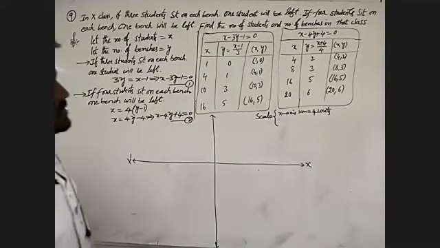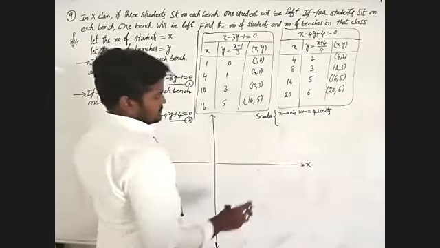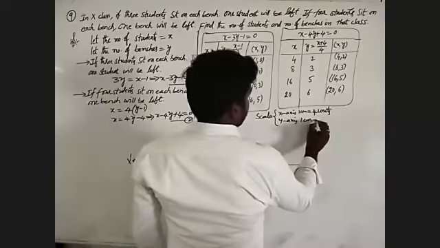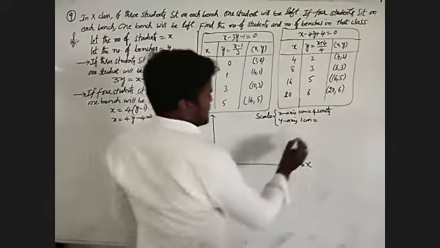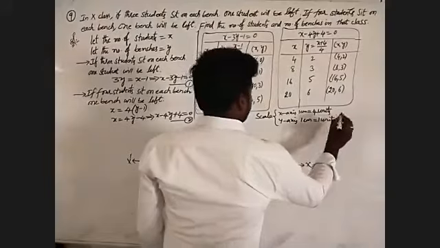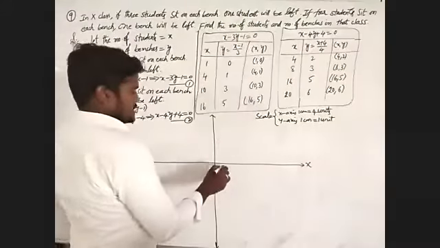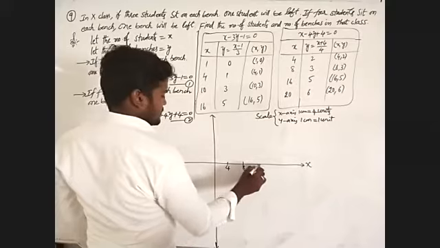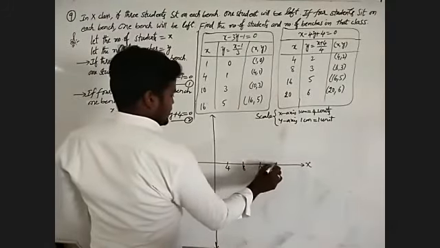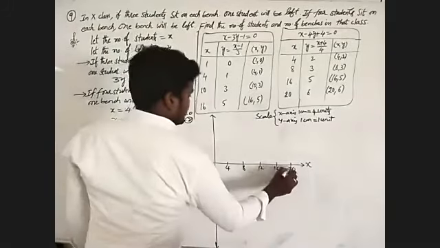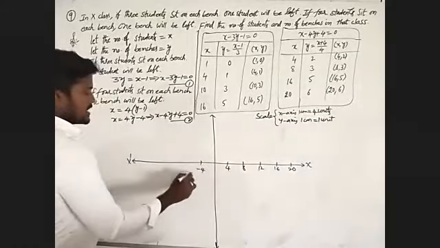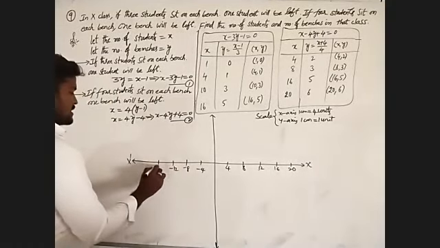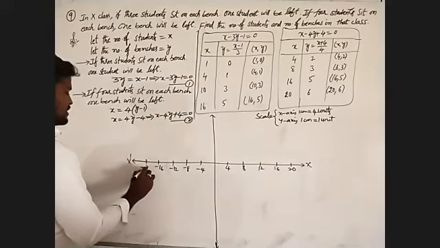After that, on y-axis, 1 centimeter is equal to, all are below 6 means here we have to take 1 unit only. That means this is 4, 8, 12, 16, 20. The negative x-axis is -4, -8, -12, -16, -20.